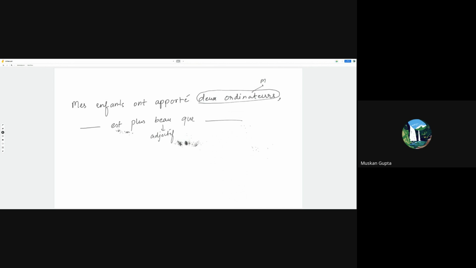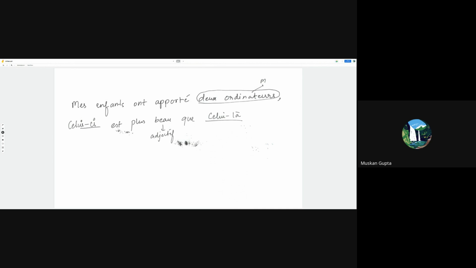Since we are replacing a masculine singular, and I'm comparing two, I would say celui-ci, the one here, is better than celui-là, the one there.